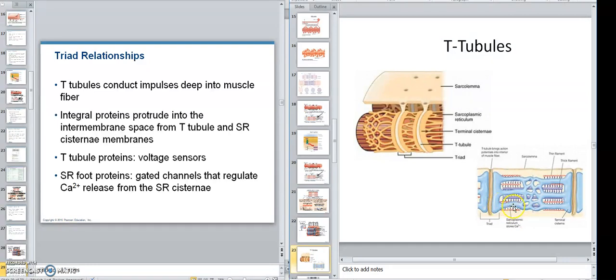Now back here in the sarcoplasmic reticulum are calcium pumps. What the calcium pumps do is constantly suck calcium out of the muscle cell cytoplasm and move it into this cisternae. Then the calcium slides forward here because the calsequestrin pulls it.